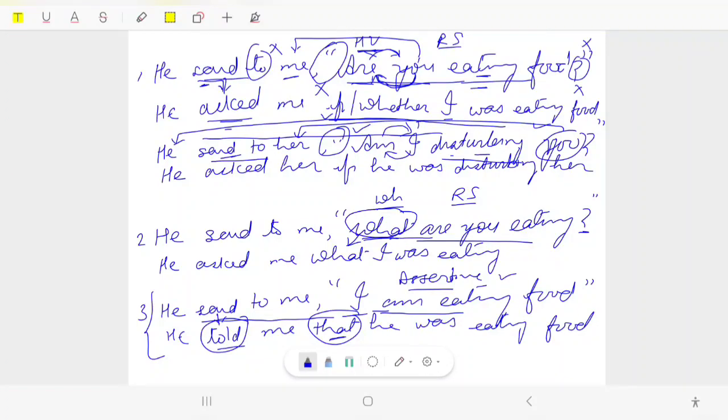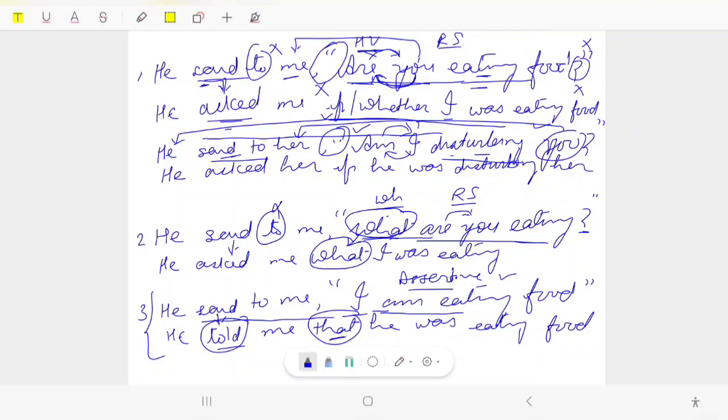Look at example number 2. He said to me, what are you eating? He said became asked, to removed. An interrogative sentence which begins with a WH word will be joined with the same word as the connector, here what. Now if what has gone as connector, then what is left? Are you eating?